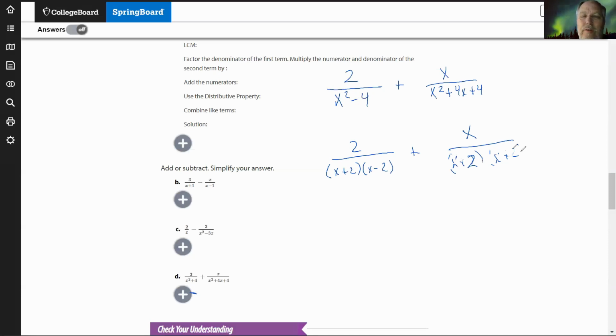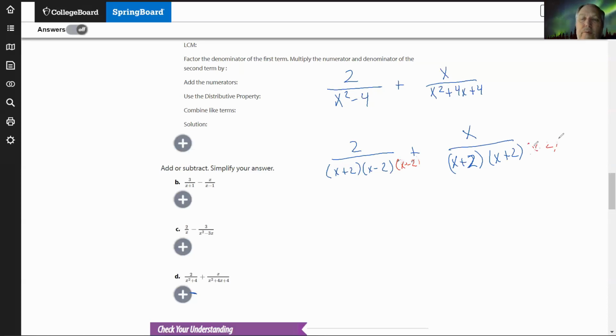And so just kind of remember what we need is we need the x plus 2 once, but then we need the x plus 2 and then an x minus 2 and another x plus 2. So for this side to have that, we're going to have to put in another x plus 2. And on this one, we have to put in an x minus 2.